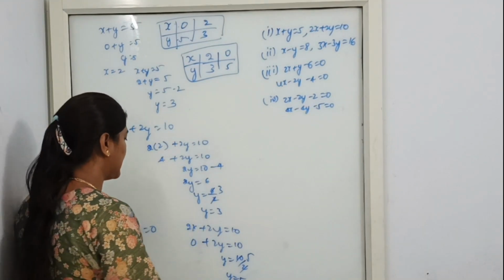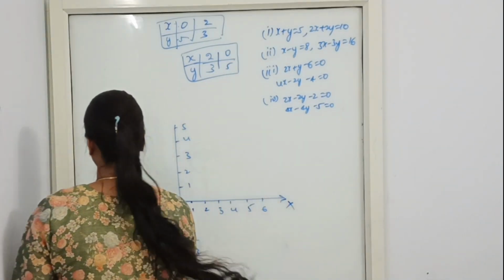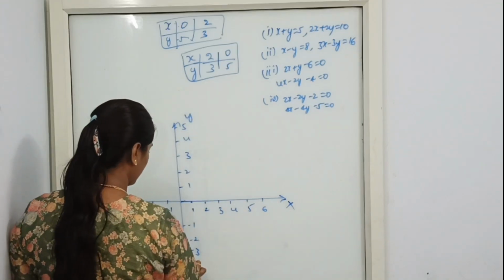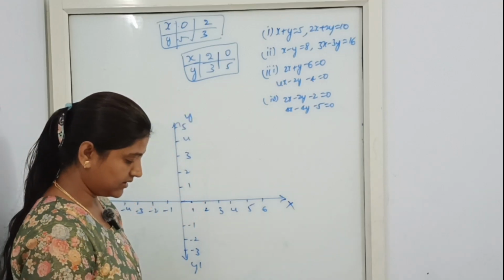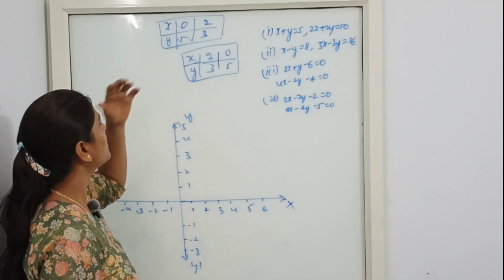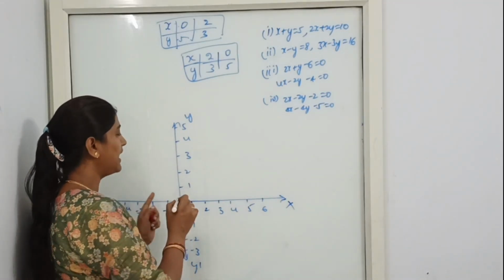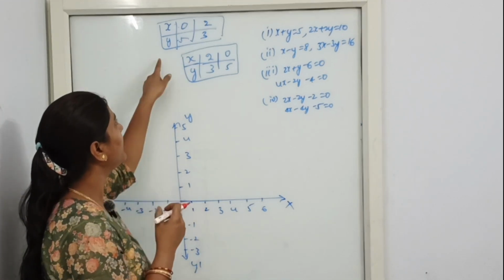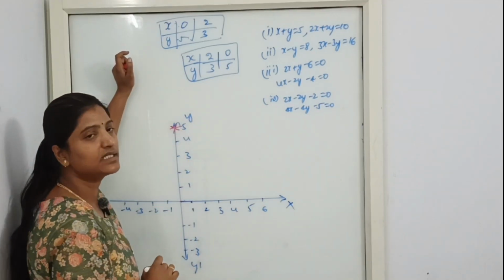Let us show it on a graph. Let us write x dash, y dash. Let us plot the points. If x is equal to 0, it means the point will come on the y-axis only. y is 5 means it will be represented on the y-axis, because x is 0.